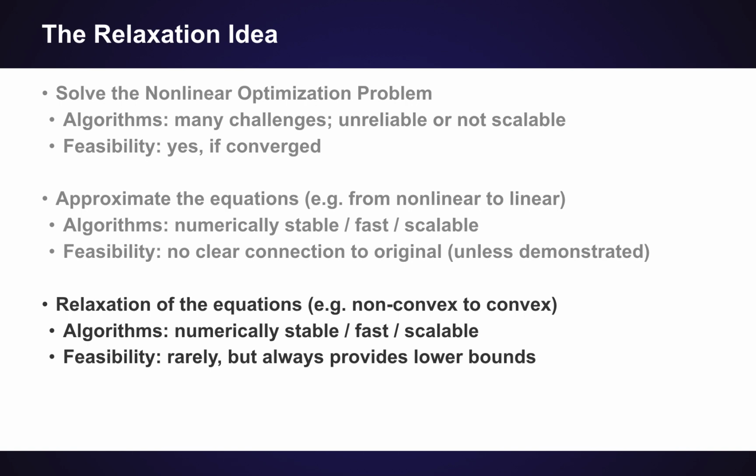So if you take your original problem and you relax the non-convexities into constraints and equations, now you have numerically stable and fast algorithms. In terms of feasibility, they're rarely feasible, but the good news is that they provide this lower bound guarantee and this optimistic guarantee, which you can usually leverage in useful ways.